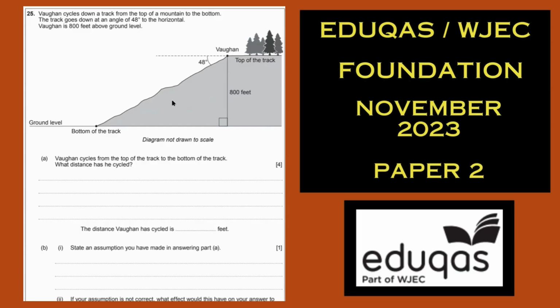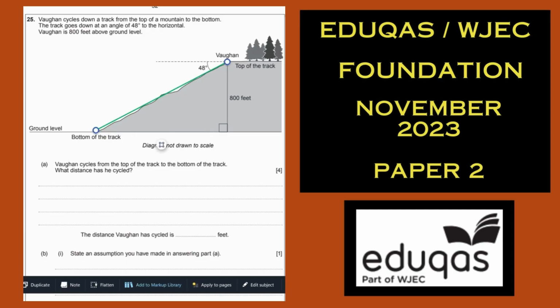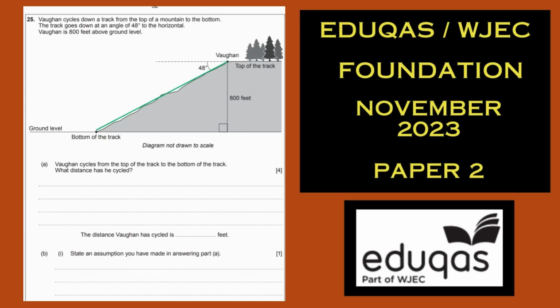And finally, we've got the angle of depression, 48 degrees. When you are doing trigonometry, SOHCAHTOA, we're not interested in angles which are outside. We're only interested in angles which are inside.